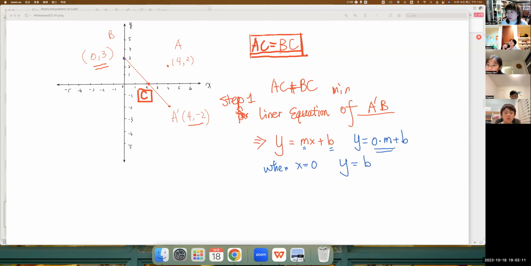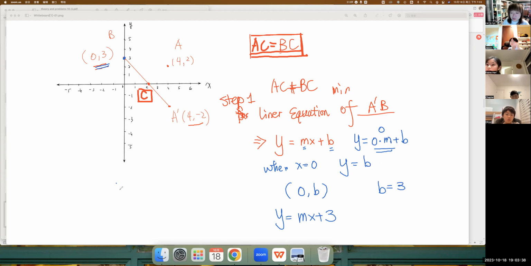Anything times 0 equals 0, so y equals b. That means this line must go through (0, b). This line goes through (0, 3), so b equals 3. We have already half fixed y equals mx plus 3.